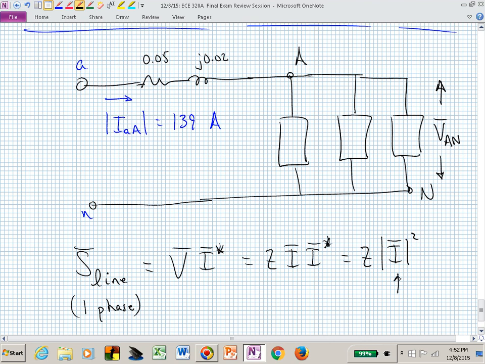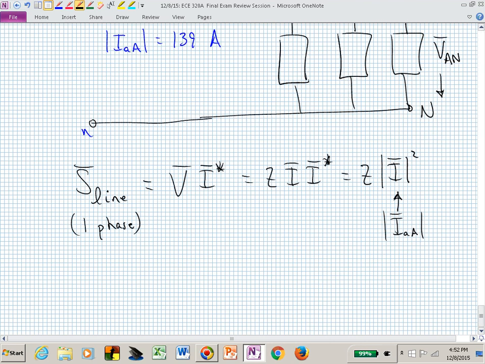Meaning this is now I sub AA, and we have that, so if we needed it, we could find the complex power of one phase of the transmission line: 0.05 plus j0.02 times 139 squared.